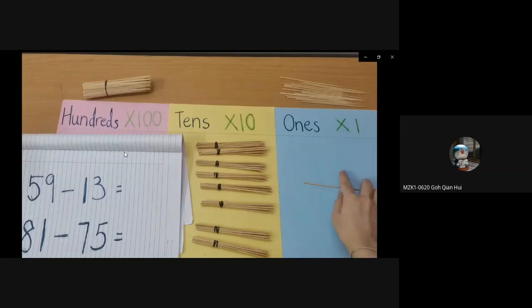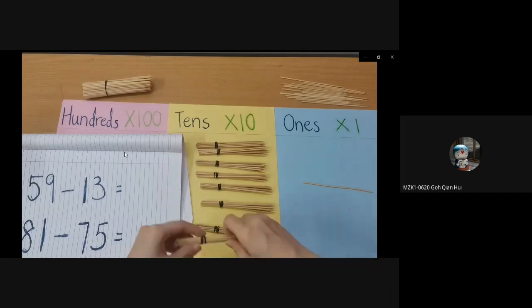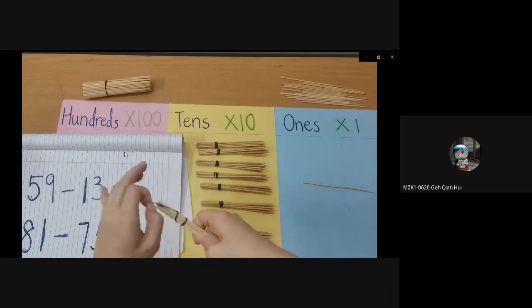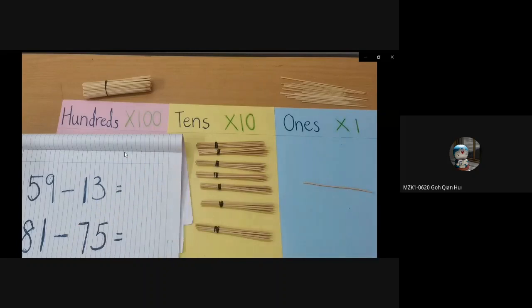As in the ones, there is not enough wooden sticks already. So I will tell them to move one bunch of 10 sticks to the place value 1. So there are enough wooden sticks now. So take away 5. 1, 2, 3, 4, 5. And this 7 means 70.